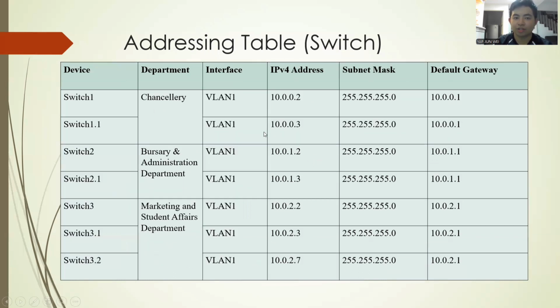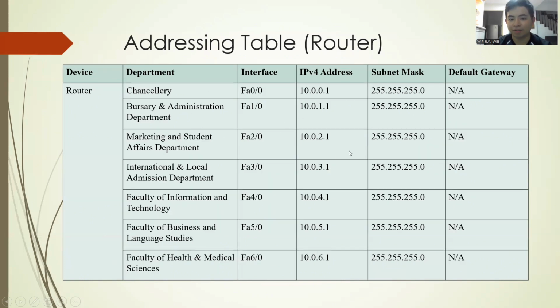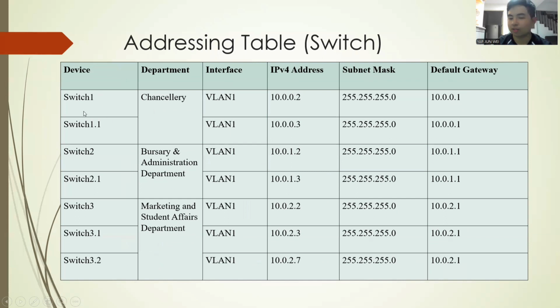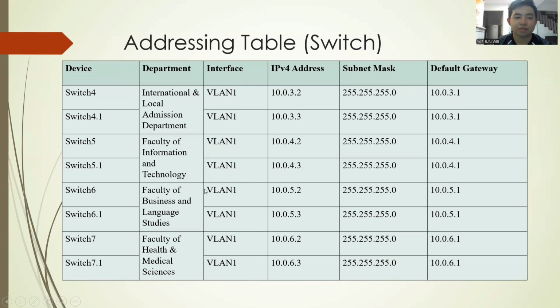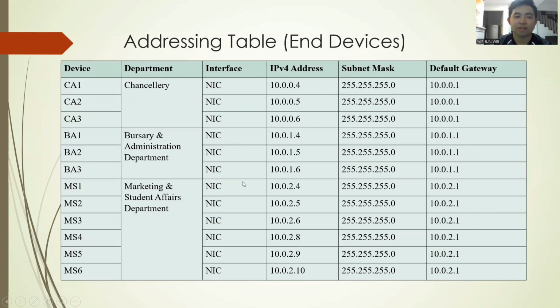For the switch, we use the VLAN 1 interface, with IPv4 and subnet mask calculated the same way. The default gateway is the router defined for each department, so each switch has a different default gateway. For the end devices, each has a different IPv4 address, and their default gateway is connected to the router. The interface of the end device is NIC.